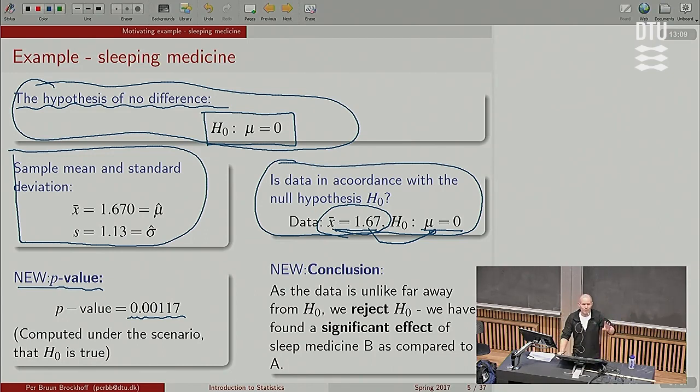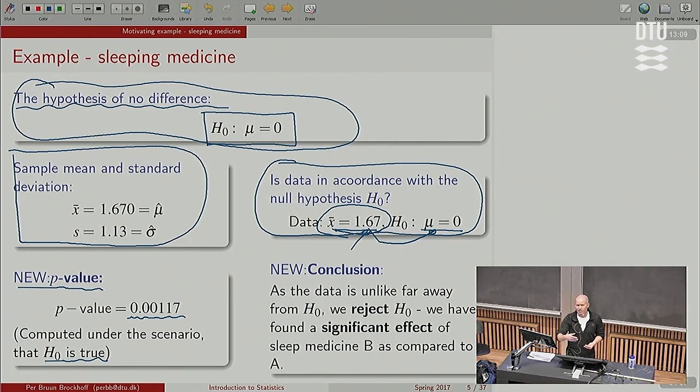The p-value states that it's pretty unlikely to be so far away, because this probability is computed under scenario-based thinking. What if the null was true? That's the kind of scenario I put in myself. Could I see 1.67 hours just by chance, in case the null is true? That's the probability I'm finding.